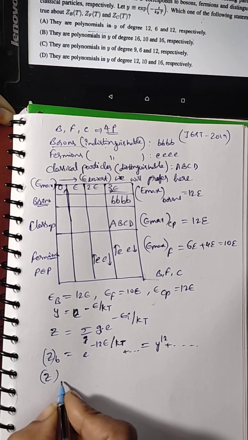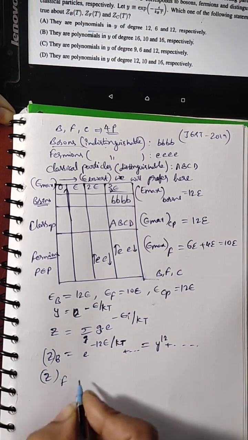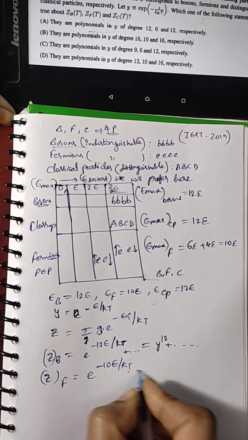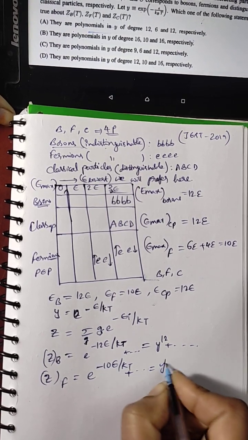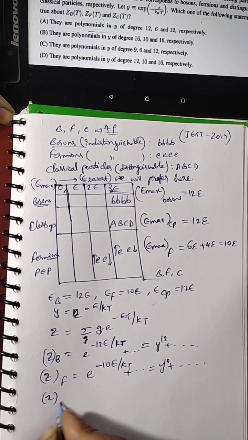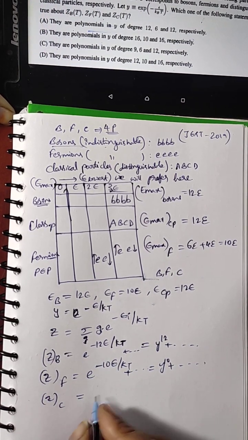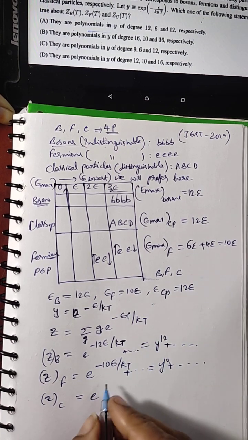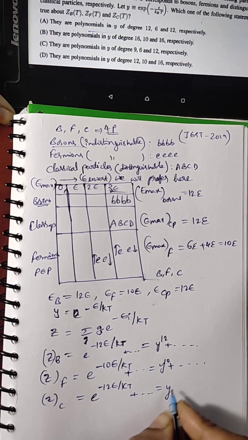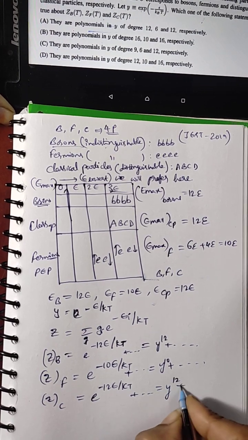And the partition function for fermions is e power minus 10E by kT, and so on, so this will be y power 10, and so on. And the partition function of classical particles, the energy is 12E, so minus 12E by kT, so here y power 12, and so on.